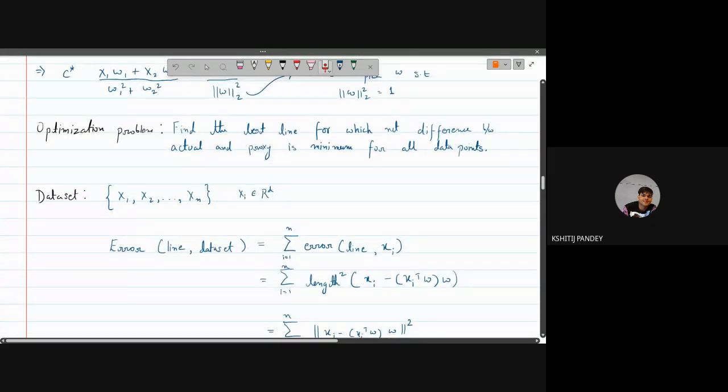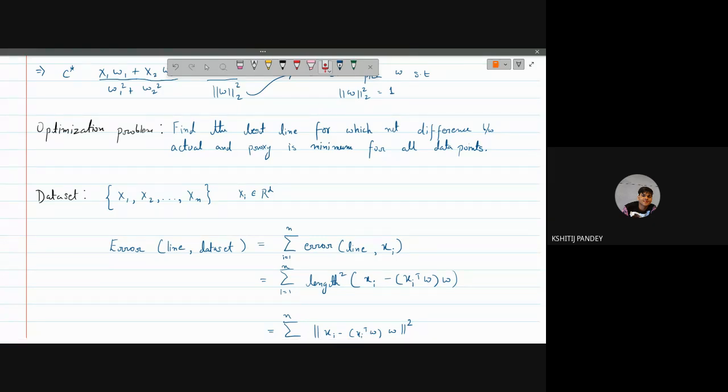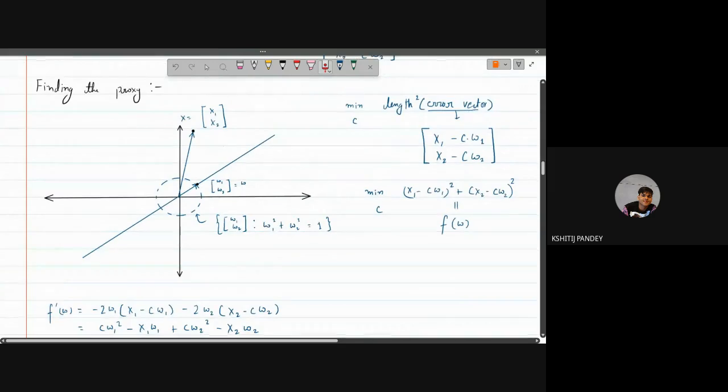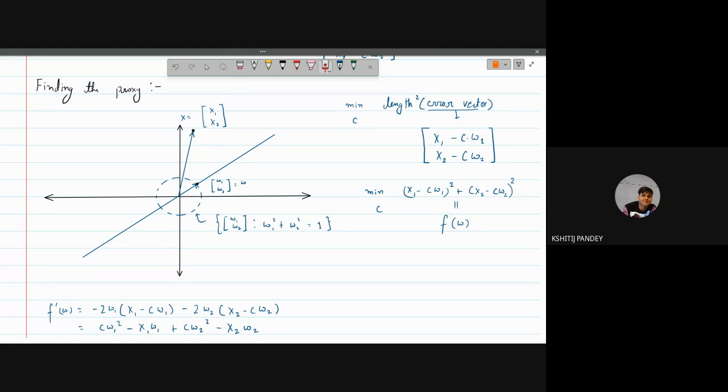So what's the problem here? We have to find the best fit line for which the net difference between the actual data point and the proxy is minimum for all data points. Is the problem clear? What is the problem in hand? In a real scenario, the data we have will not be this simple.